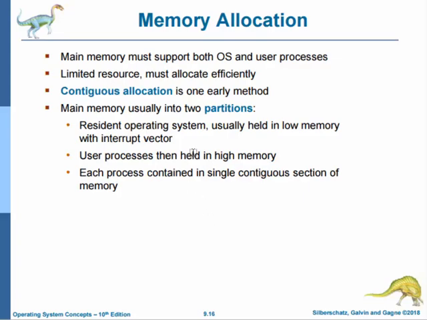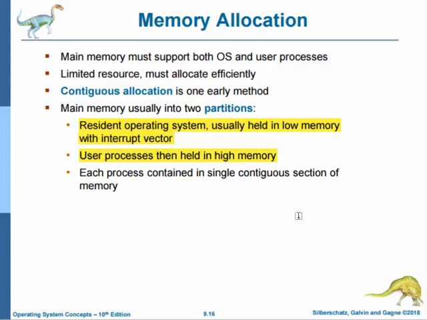The memory is usually divided into two partitions, one for the operating system and one for the user processes. We call it the resident operating system, which is usually held in low memory with the interrupt vector, and the user processes are usually held in high memory. These are locations in the memory: we call it low memory and high memory. And each process is contained in a single contiguous section of memory.